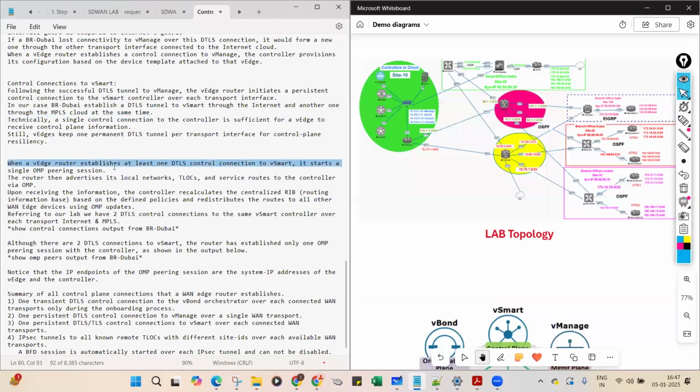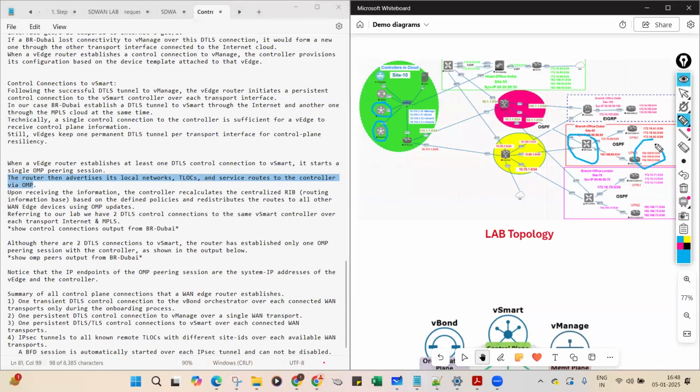When a WAN edge router establishes at least one DTLS connection to vSmart, it starts an OMP pairing session. Just like BGP and OSPF peers, the WAN edge router initiates OMP pairing with each of the vSmarts. The router then advertises its local networks.